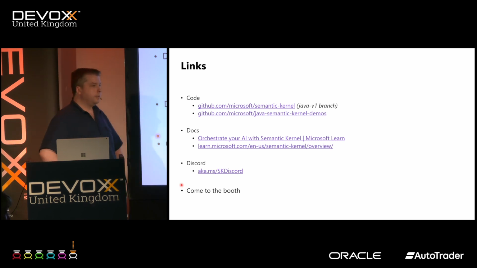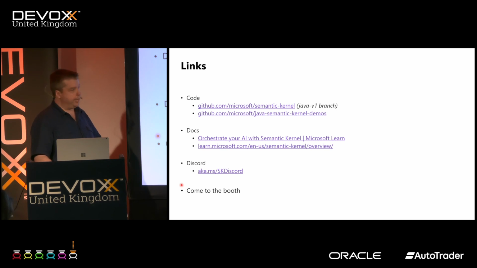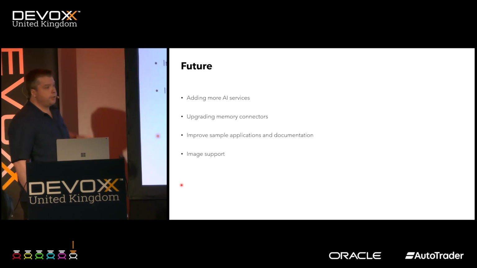A follow-up question about the vector databases: what kind of databases are supported right now in the Java implementation? This is what I was mentioning, that we need to formalize our memory connector story.